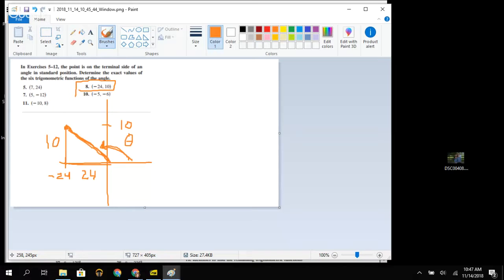What I don't know is my new radius, and I need to go from there to figure out what the sine, cosine, and tangent are. This is my triangle here, and this is a reference angle. What I really need to know is how long this side over here is. Either of you have an idea how we could figure out how long that other side is?